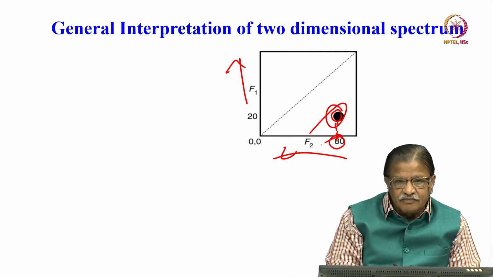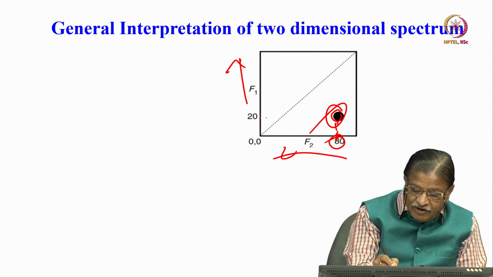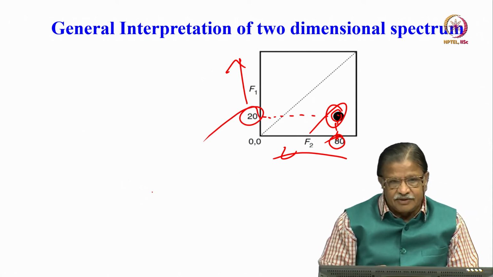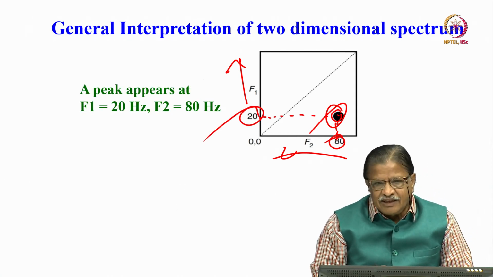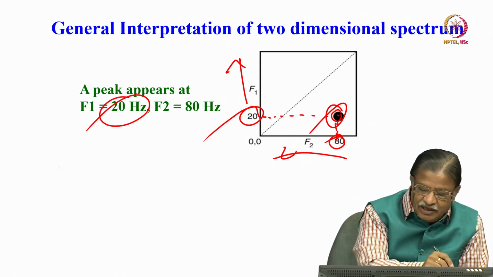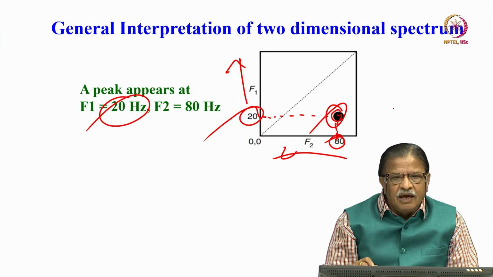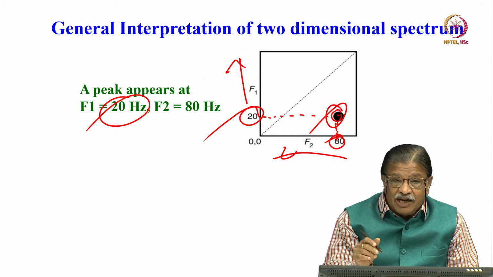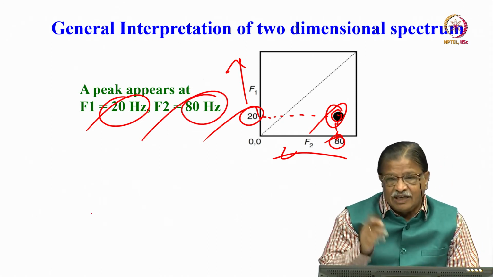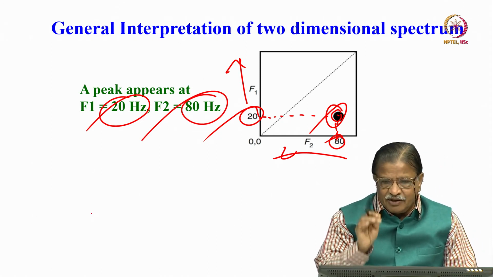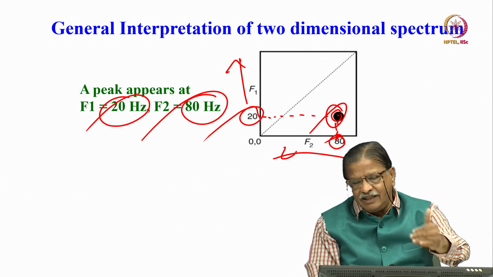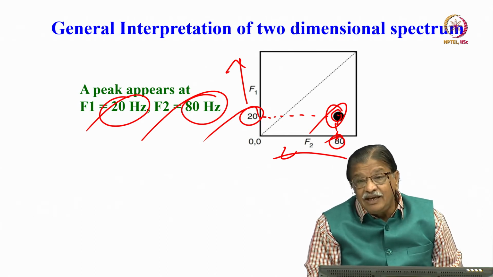Then I draw a horizontal line, and in the F1 dimension it comes at 20 hertz. So this one peak in the 2D spectrum is read in the F1 dimension at 20 hertz, and the same peak in the F2 dimension at 80 hertz.